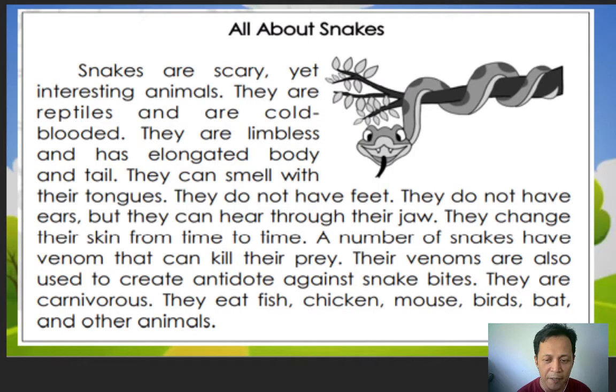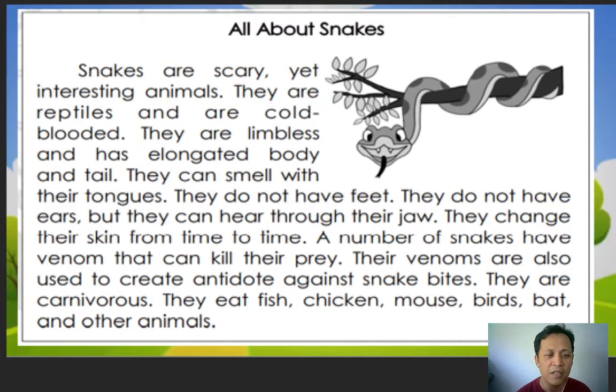Again, for the second time, all about snakes. Snakes are scary, yet interesting animals. They are reptiles and are cold-blooded. They are limbless and have an elongated body and tail. They can smell with their tongue. They do not have feet.